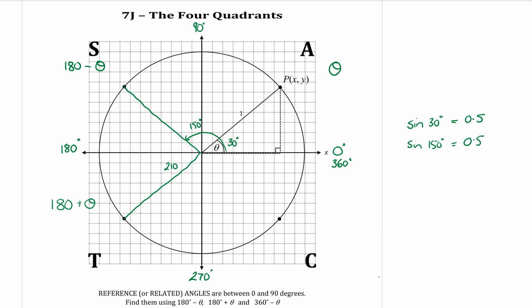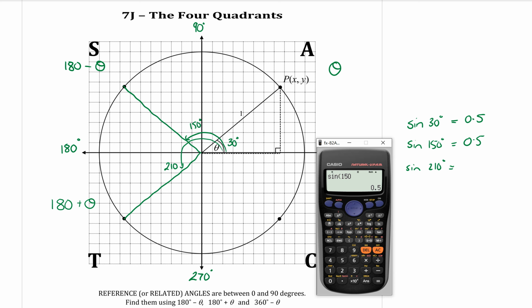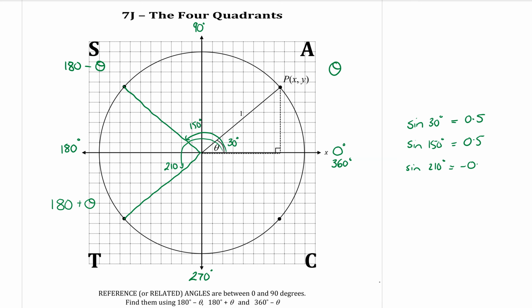That's all the way around to there, 210 degrees. What is sine of 210 degrees? Back to the calculator. Sine of 210 is, this time, negative a half. So we still have the half, but now it is negative.